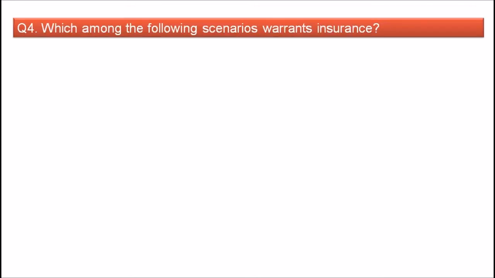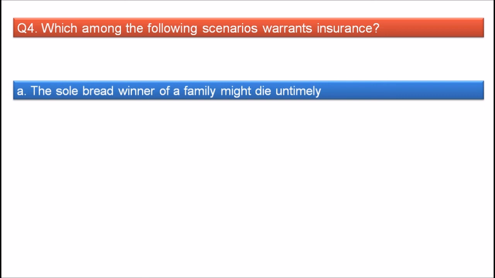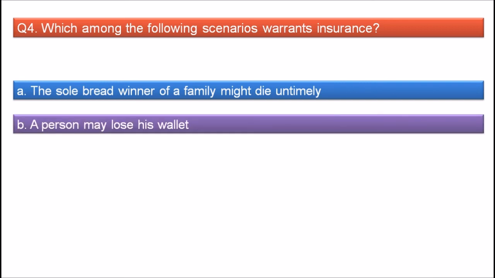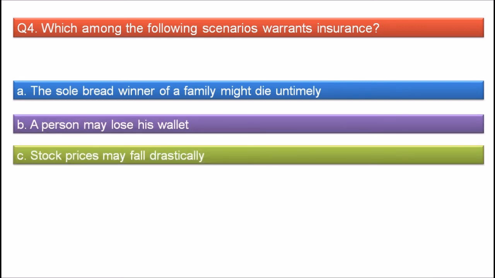What else? Which among the following scenarios warrants insurance? Just now what I am saying, when insurance is needed: the sole breadwinner of a family might die untimely. Dear friends, this is where it warrants insurance. A person may lose his wallet. Stock prices may fall drastically.